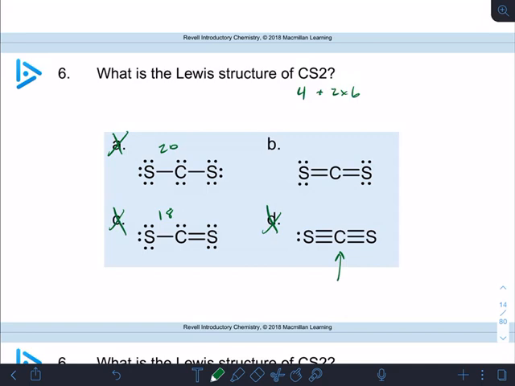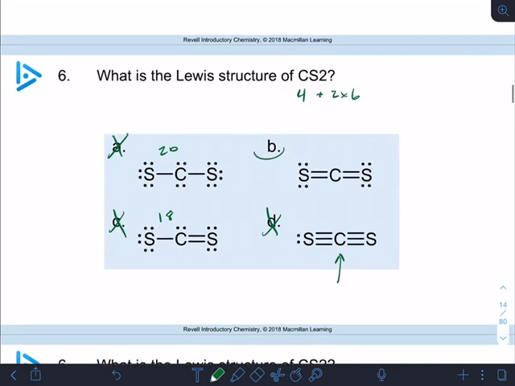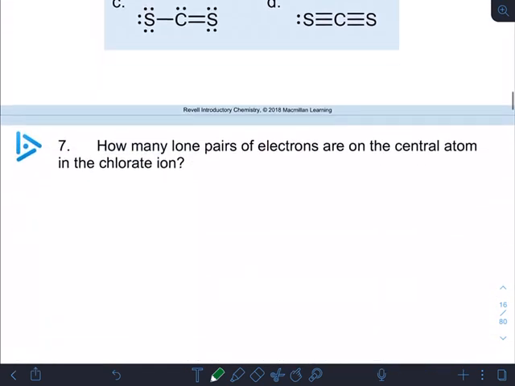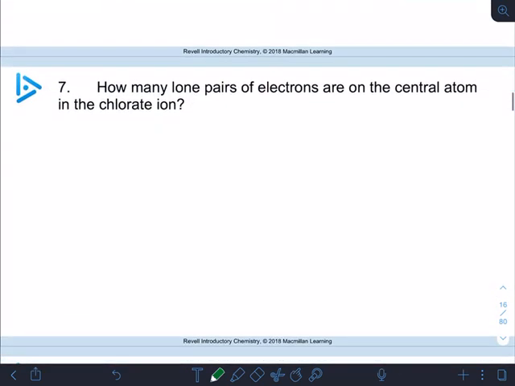Then 2, 4, 6, 8, 10, 12, 14, 16, 18. This one has 18. And then number B there, 2, 4, 6, 8, 10, 12, 14, 16. This one has the right number of valence electrons, and it has the correct octets for everybody.